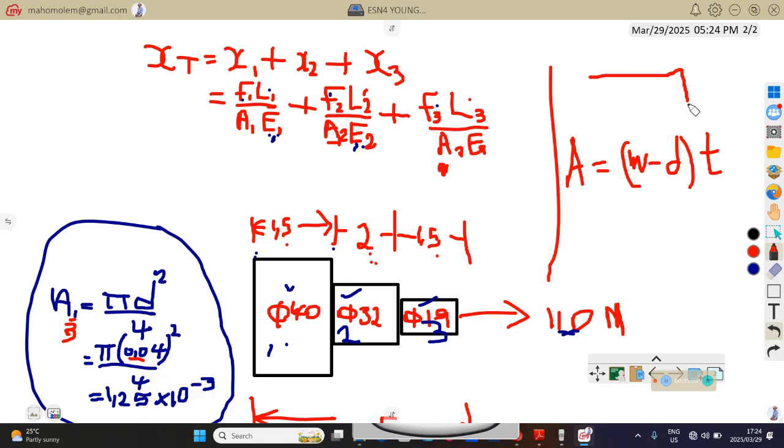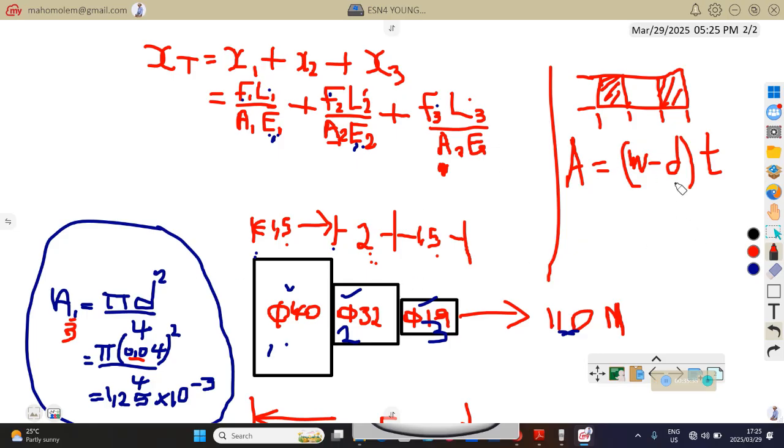So if you have a cross-sectional area like this, and you want to know the area of this thin part that I've just sectioned, excluding this, this is what you must use. This W represents the length from here to there, diameter represents the length from here to there, and the thickness represents the length from here to there.